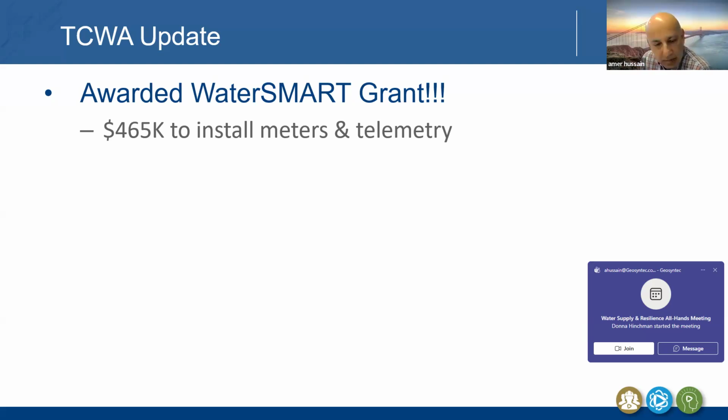Okay. Moving on in the agenda then into some good news. Tri-County has been awarded a Bureau of Reclamation WaterSmart grant. It's $465,000. It's to install meters and telemetry. We had applied for this grant over a year ago, and then subsequently we have our meter policy in place in Tri-County.